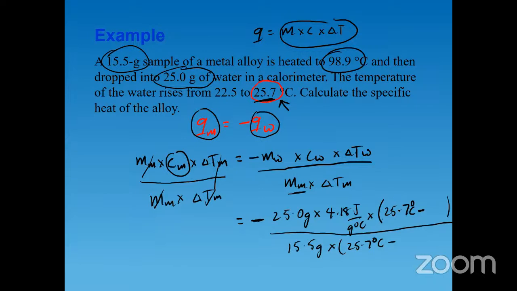So this here, I should have written 22.5. So here should be 22.5. I apologize for that, folks. All right. Here is where we're going to have the change in temperature of the metal. The final temperature, which is 25.7 degrees, minus the initial temperature, which is 98.9 degrees.